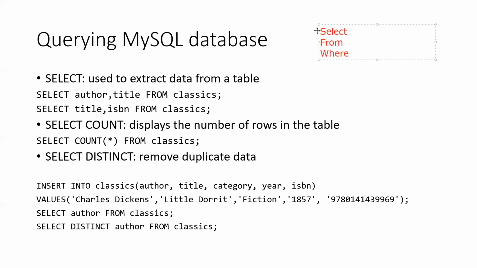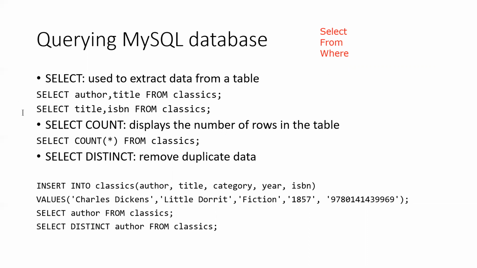So these are the blocks that we will use usually, right? So for example, the simple one you will see here. Can one of you tell me the meaning of this line? First, the select line: select author and title from the classics table, which means we need all the authors and titles from the classics table. Yes, good.